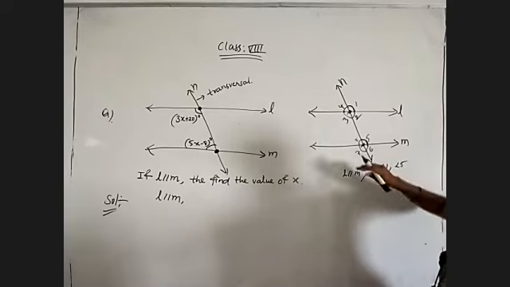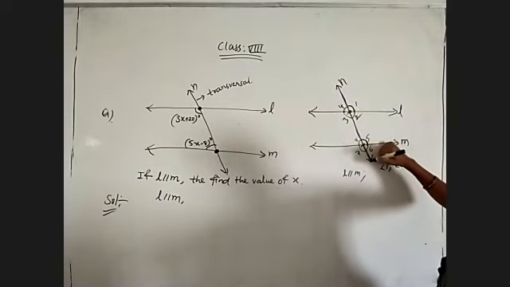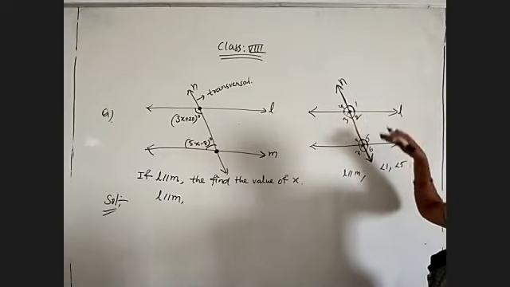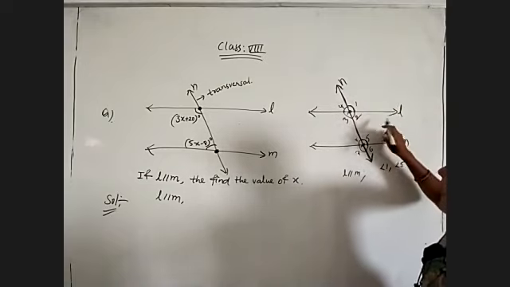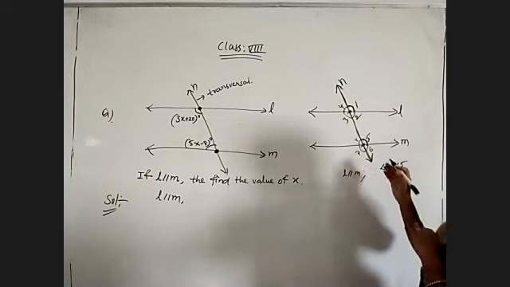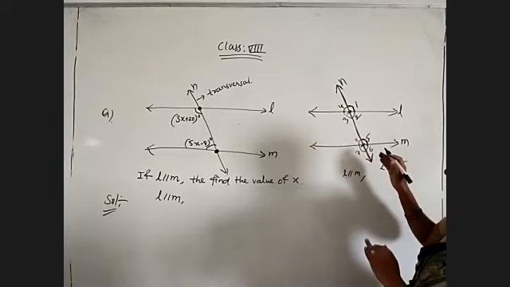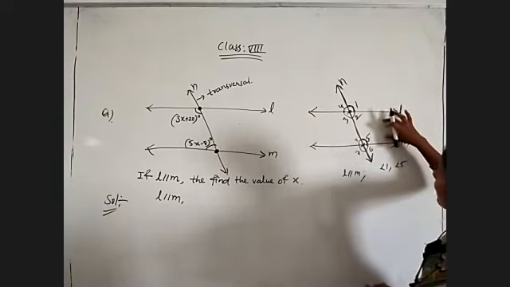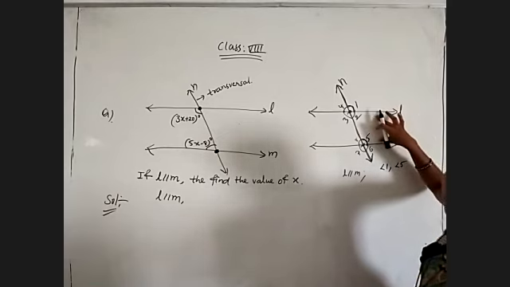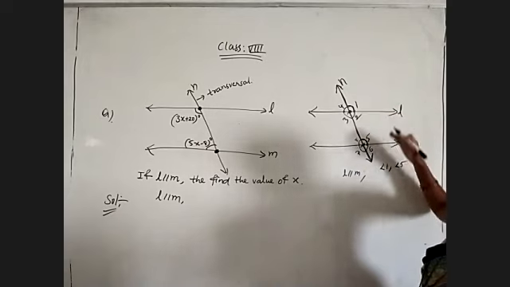How are they lying with respect to this transversal? First, we need to check on which side of the transversal those angles are lying. Angle 1 and angle 5 both are lying on the same side of the transversal, the right side. The place between L and M is the interior of L and M, and the remaining part outside L and M is the exterior part.